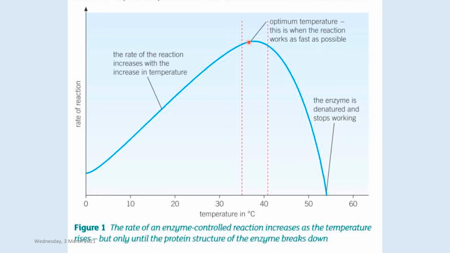Then you get to around 40, 41, and that is when the enzyme starts to denature and the amino acids start to unravel. So you see this sudden drop in rate of reaction, and at about 55 degrees Celsius, the enzyme has denatured and stops working completely.